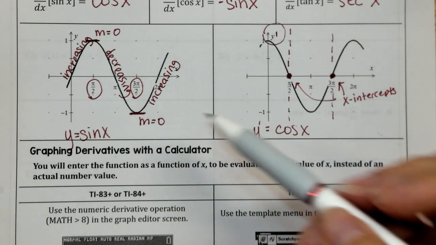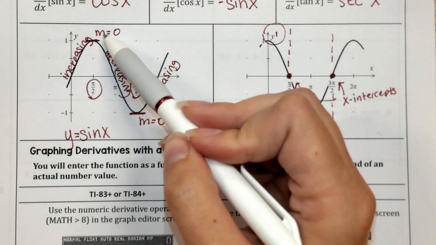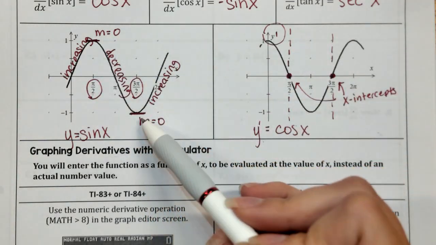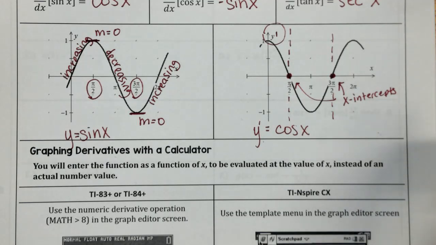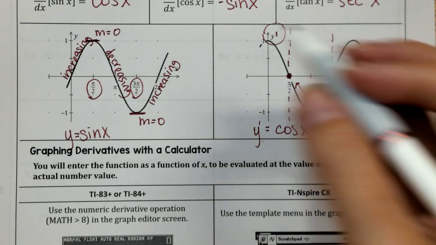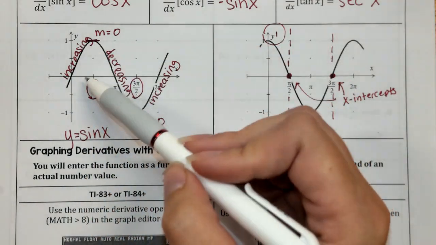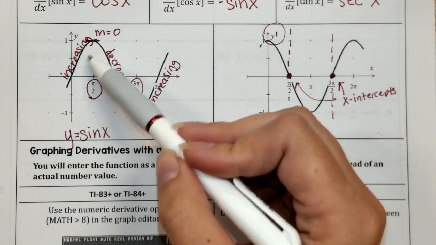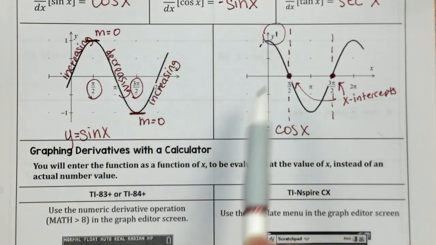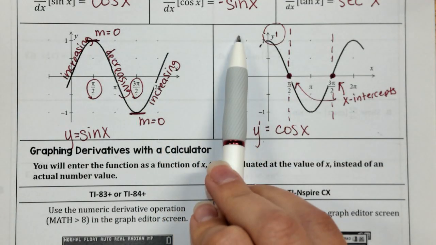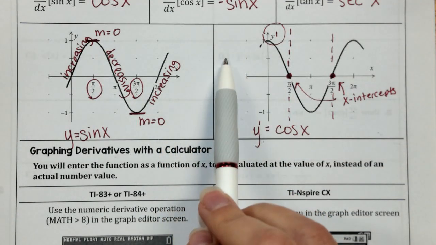The other way to look at this is look at where it is increasing versus where it is decreasing. Where it's increasing means that this value of the slope is going to be above 0, meaning it's going to be a positive number.